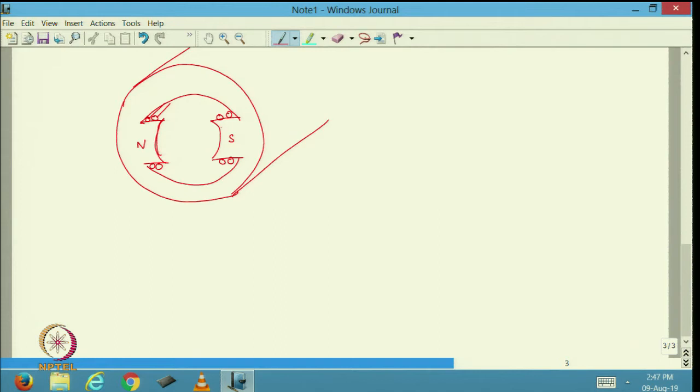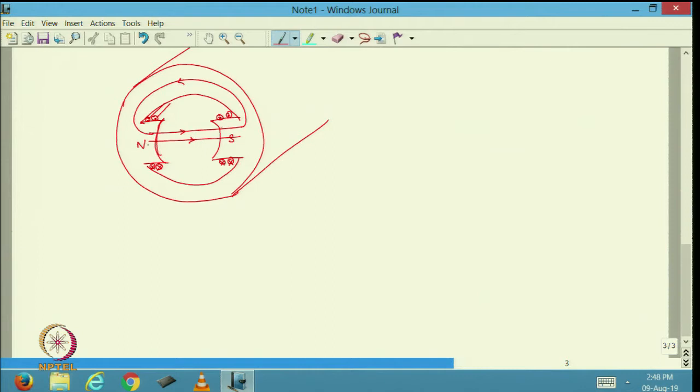If I have a dot here and a cross here, then according to the right hand rule, that is the screw rule, the magnetic field lines are going to go like this, and complete their path through this.